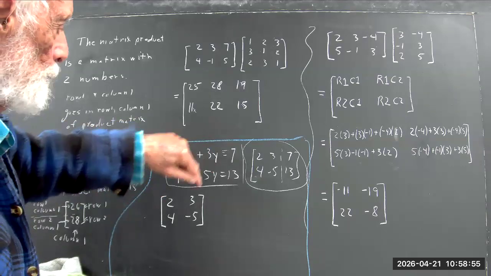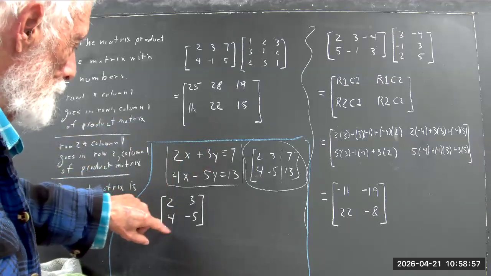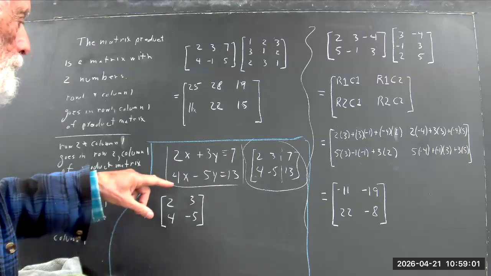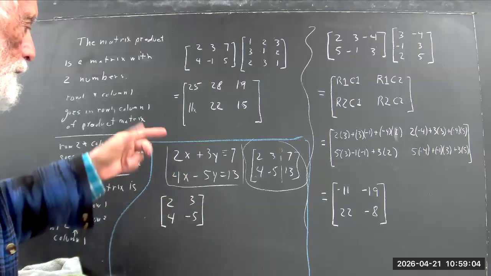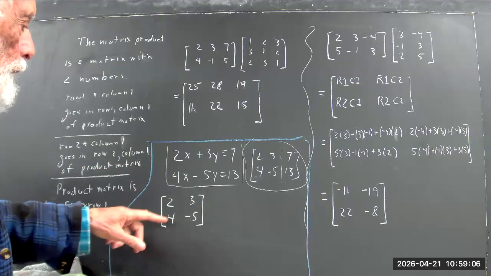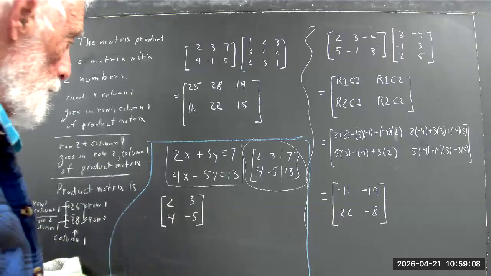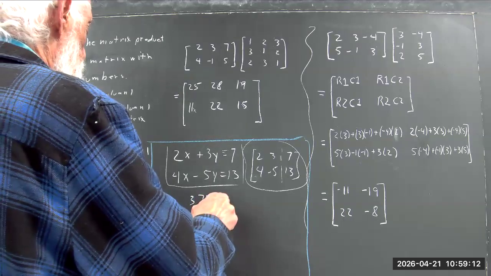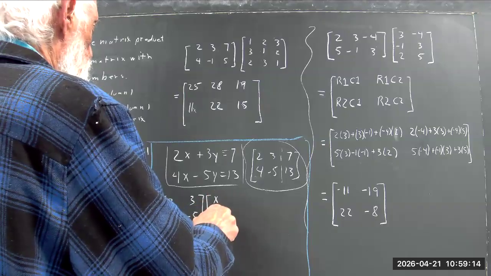Then the coefficients of x and y in the second equation become the second row of our matrix. So 4x minus 5y gives us coefficients 4, negative 5. That's the second row of our matrix. Now we pull this neat little trick and multiply this matrix by x, y.